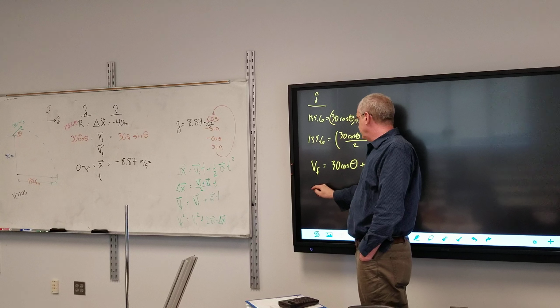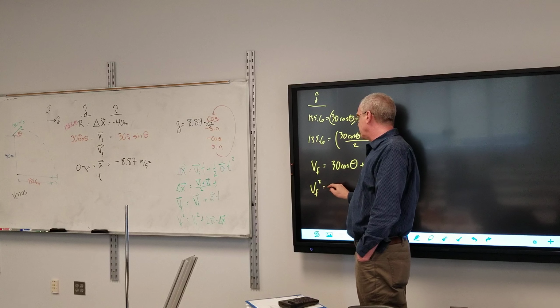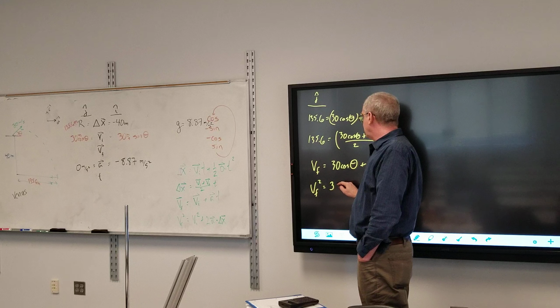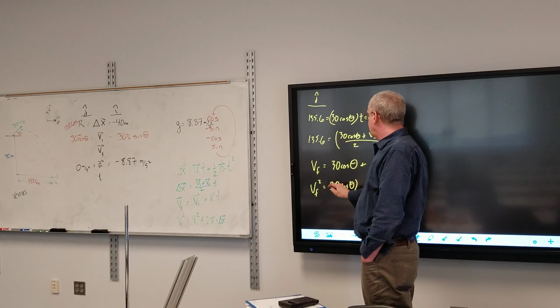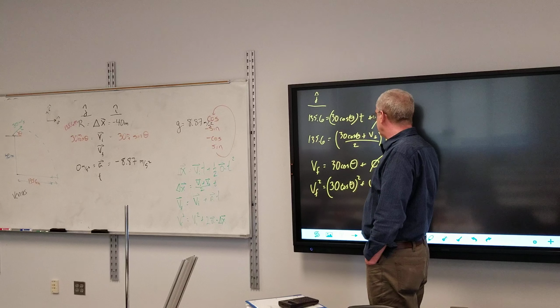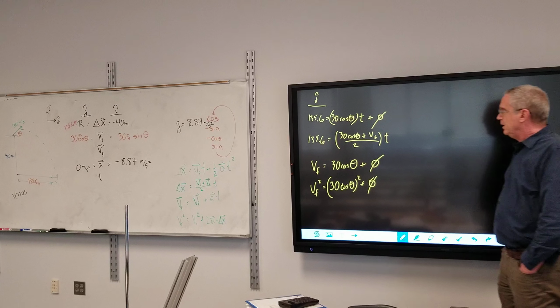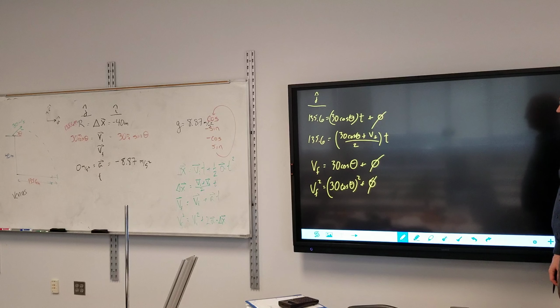And then the last one, final speed squared is equal to the initial speed squared plus 0. In and of itself, they're not independent of each other.